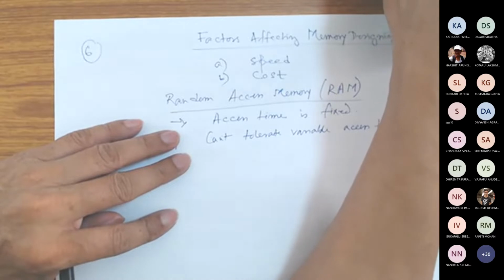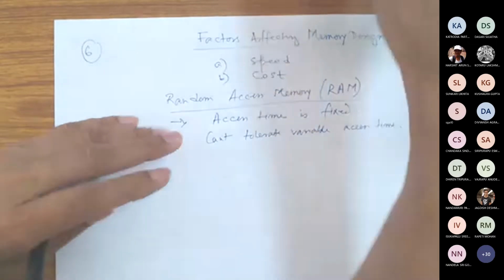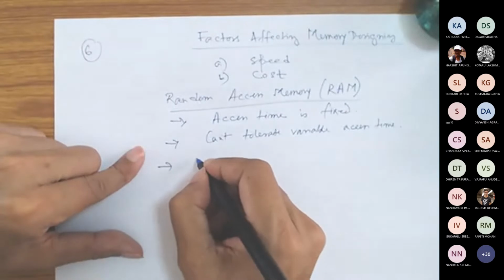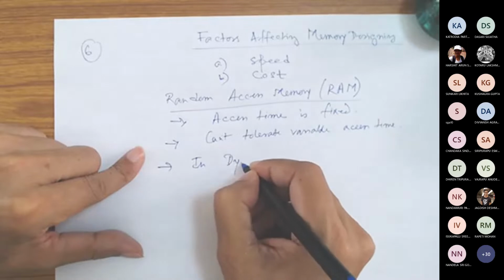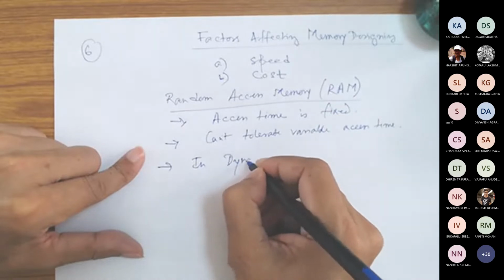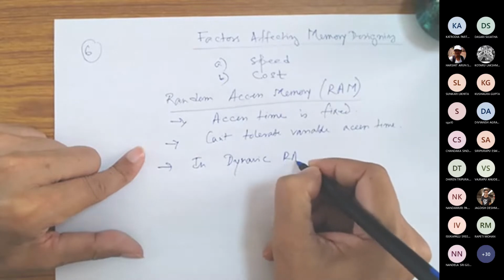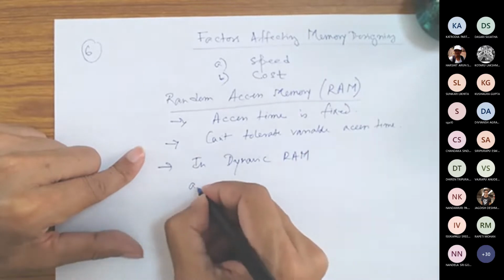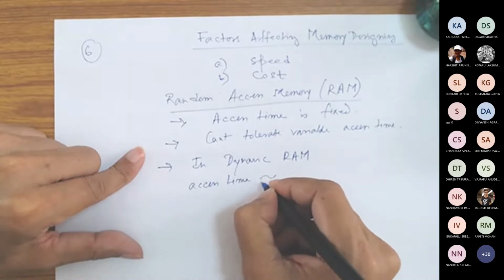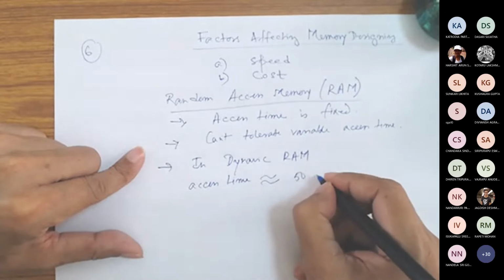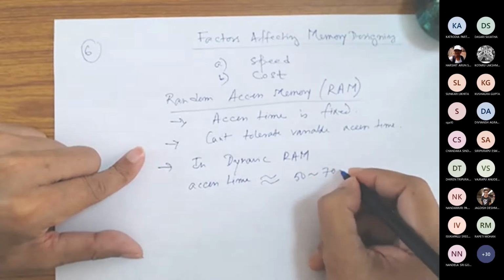When you talk about dynamic RAMs, which are used in modern day RAM design, the access time is in the order of 50 to 70 nanoseconds.